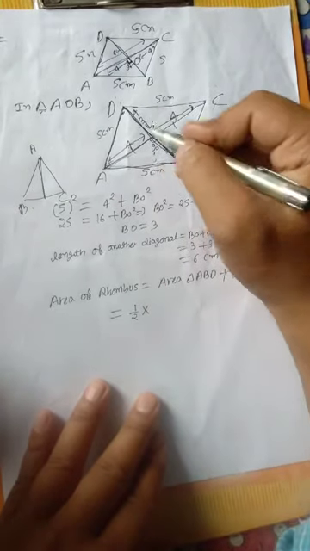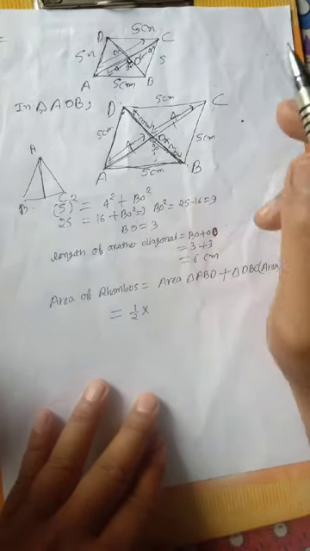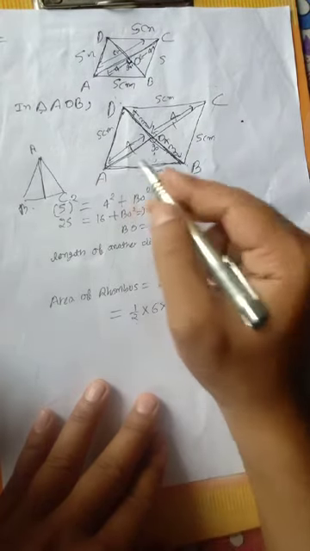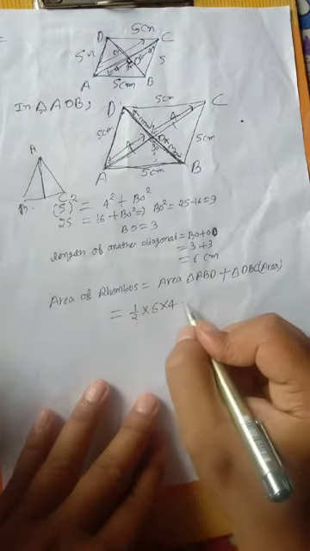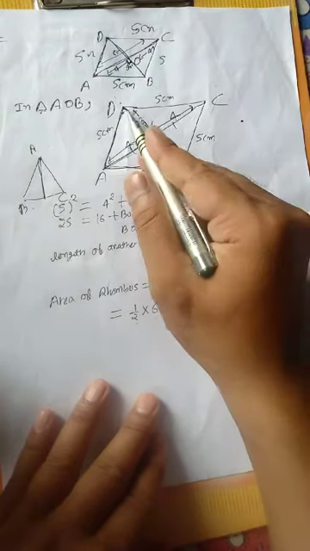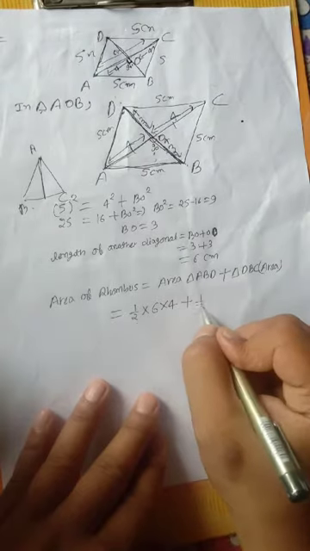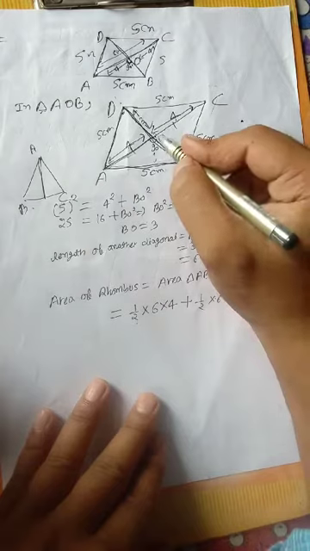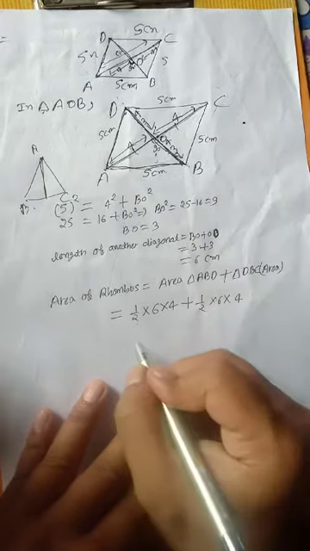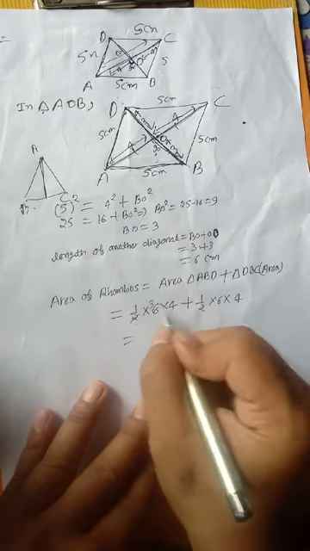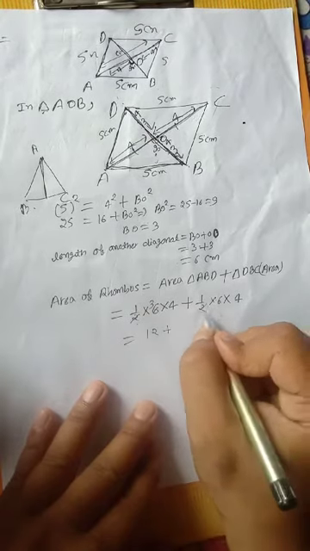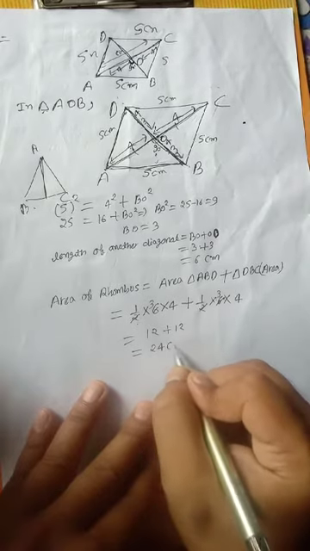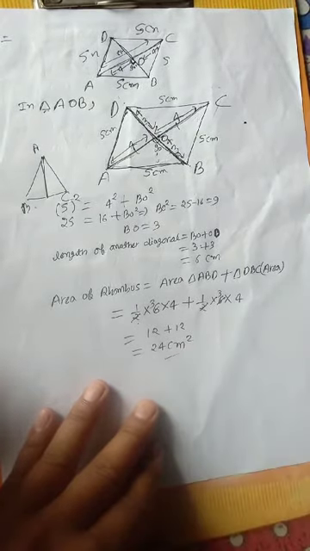So 1/2 base, 3 plus 3 is 6, into perpendicular height 4, plus area of DBC, again 1/2 base 3 plus 3 is 6 into perpendicular height 4. Now this equals 2 threes are 6, 4 threes are 12, plus 2 threes are 6, 4 threes are 12. 12 plus 12 is 24 centimeter square, the area of the rhombus. Thank you.